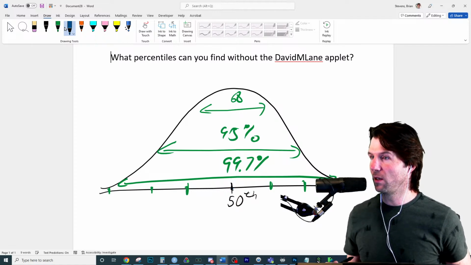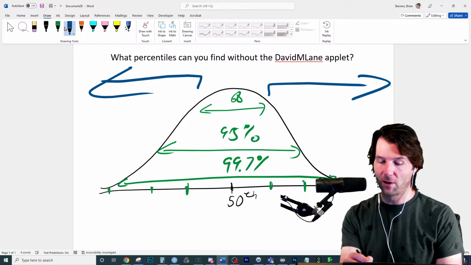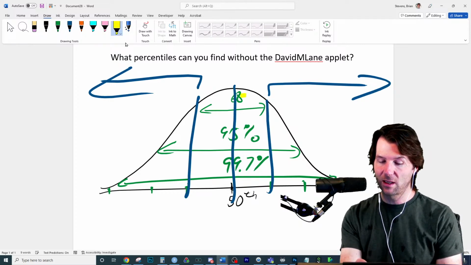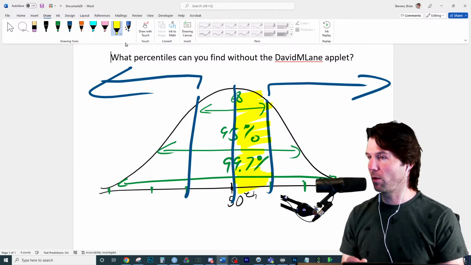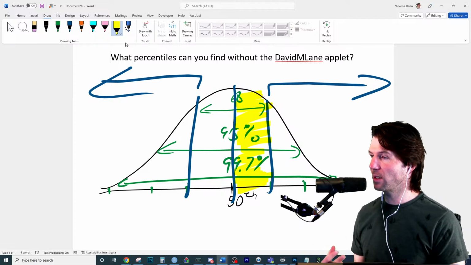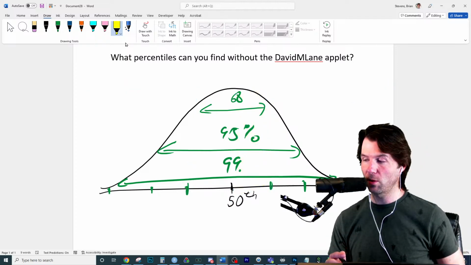Not quite 16. I see what you're doing, you're finding this right here. But I'm asking about this shaded area. Great job, Jackson, 34. Now, there are a lot of ways to solve this. It comes down to practice and just trying to solve it, because if you know that that is 34, right?